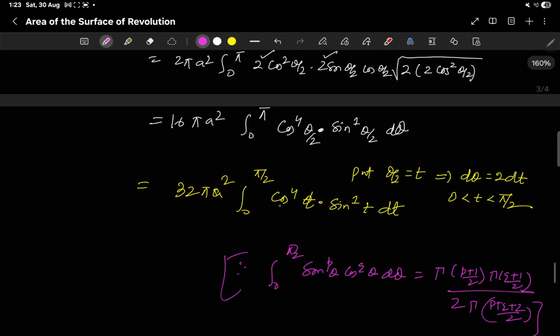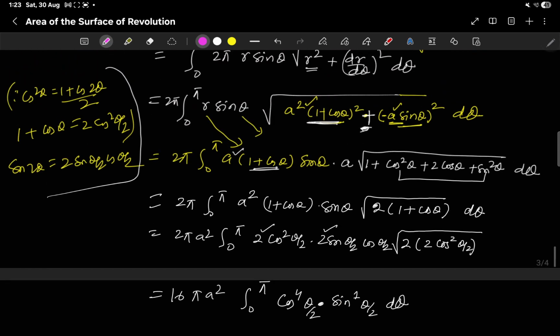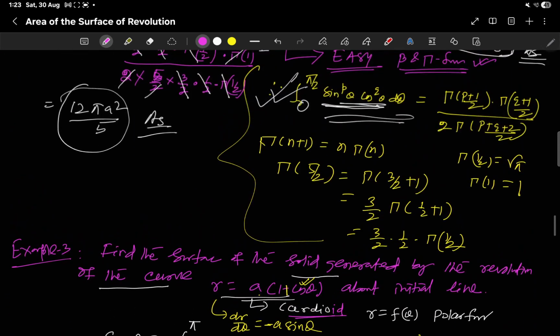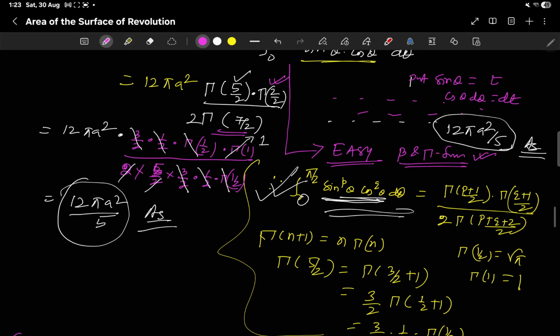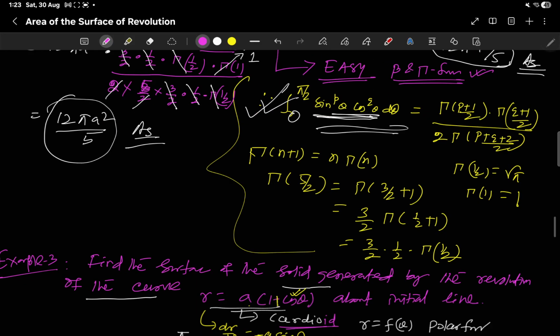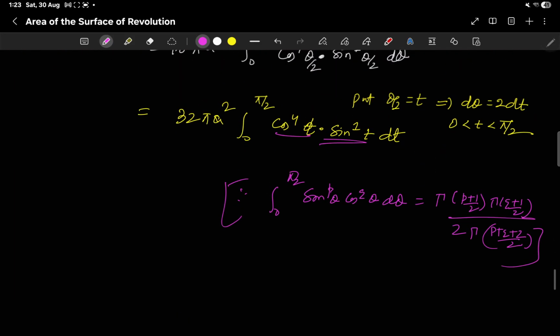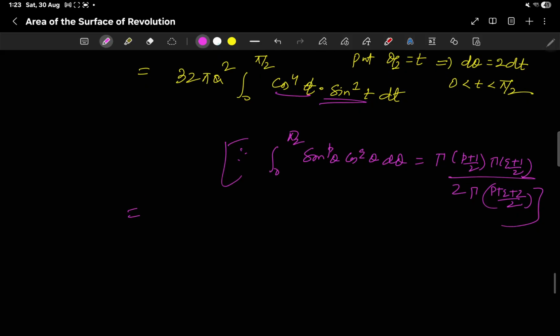It may be cos sin or sin cos, it is immaterial, and what we are getting here is 1 by 5. So it will be 32 pi squared, gamma of 5 by 2, gamma of 1, gamma of 7 by 2.